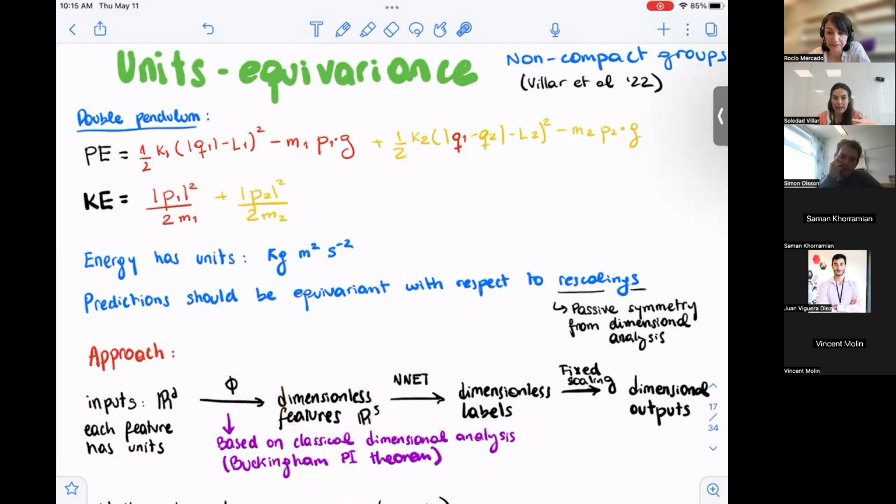You can do the learning in this dimensionless space, and then you can multiply by a fixed scaling and obtain the output, which has the right dimensions.